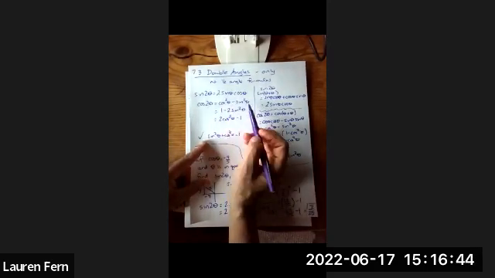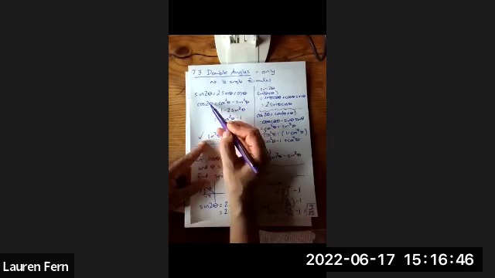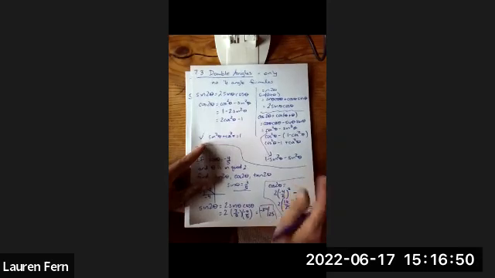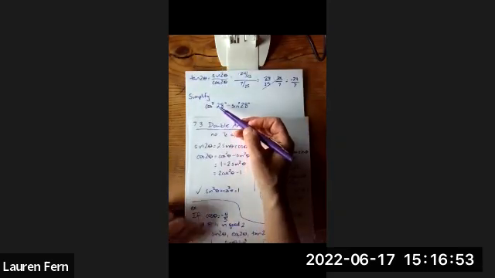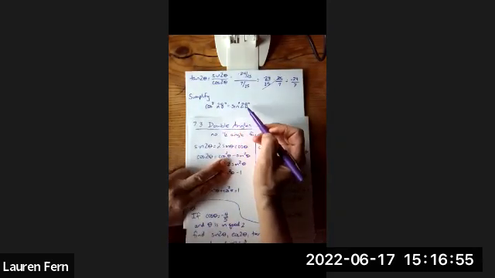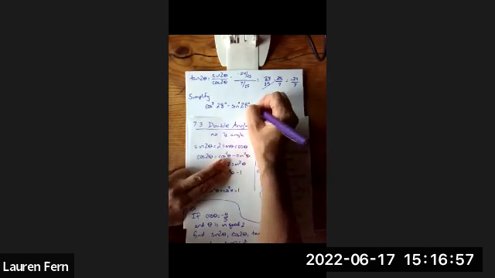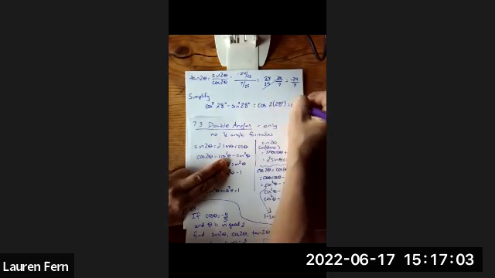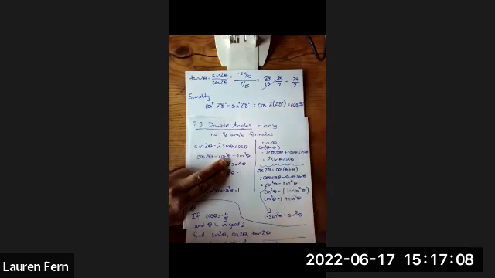But when you see cosine squared minus sine squared, you're going to start thinking about your double angle formula. Notice here, my theta is 28 degrees. So I claim this is the same as the cosine of 2 times 28 degrees. In other words, the cosine of 56 degrees.